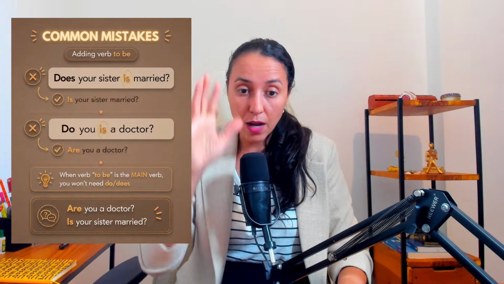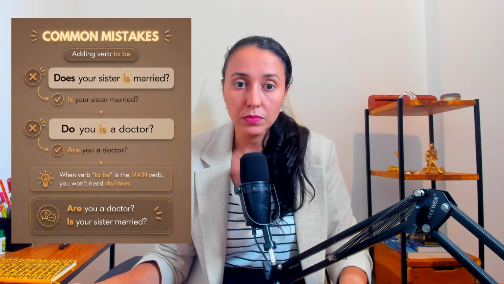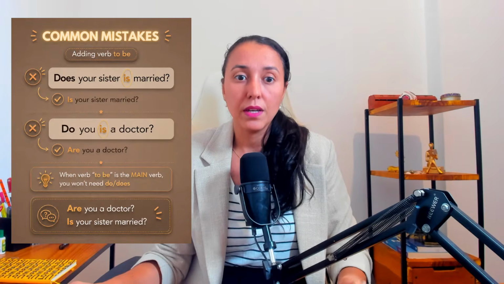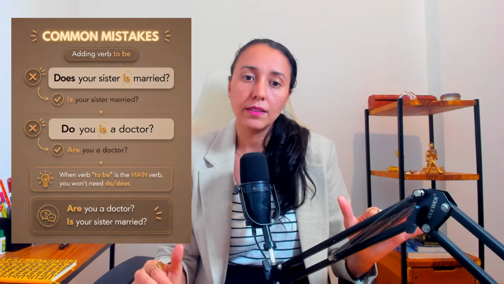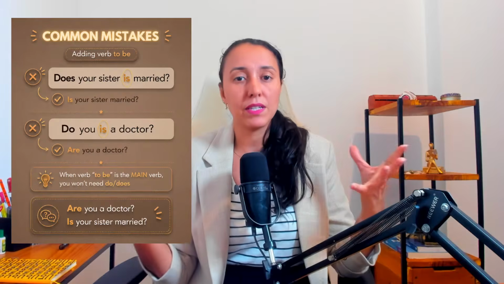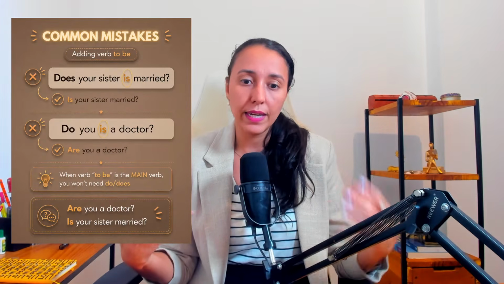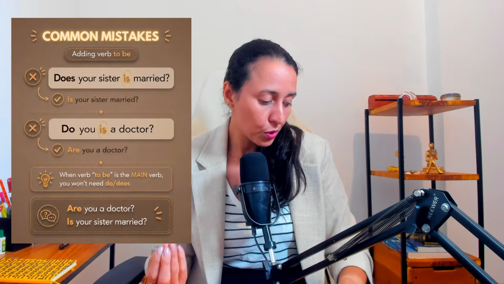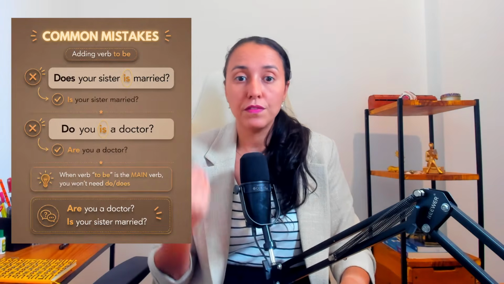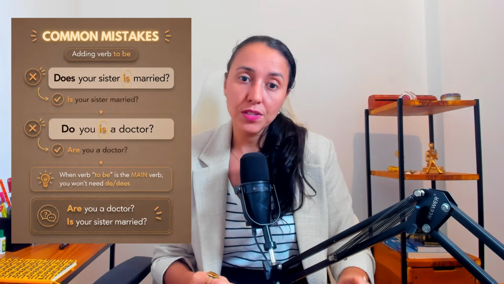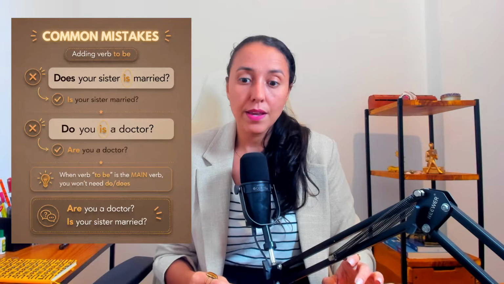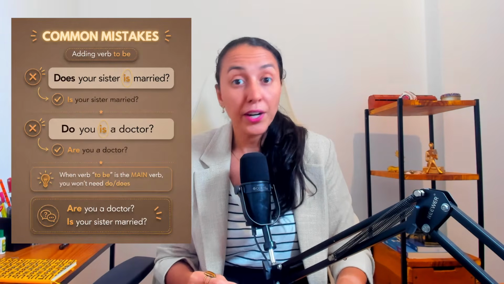Here, the other one, now we're only focusing on verb to be. Does your sister is married? Do you is a doctor? Wrong. Okay, we don't use do and does plus verb to be. It doesn't work. Okay, the idea for you to understand is if verb to be is the main verb, you don't need do, you don't need does. And the questions you ask with verb to be, they are typically more basic. Are you happy?